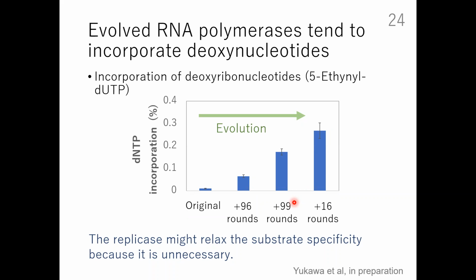So it lost its specificity because it's unnecessary. That is our idea. So then the RNA polymerase starts to incorporate dNTP. Irrespective of the reasons, I think that this trend may imply that the transition from RNA to DNA may be easier than we previously thought.